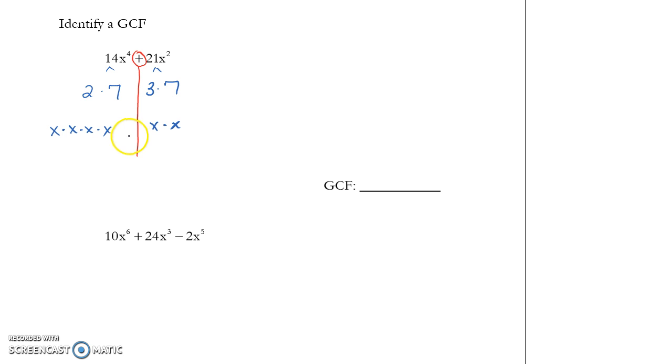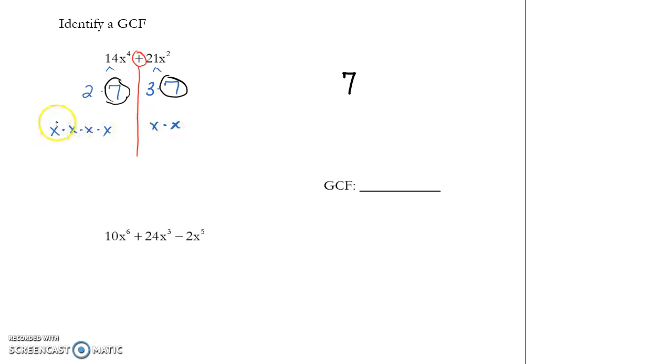common. That's what GCF stands for. Common factors. So I'm looking for some number and variable that they both share. As I look here, I see this has a 7 and this has a 7. I'm going to circle them so I know I'm using them. That's one factor that's in common.